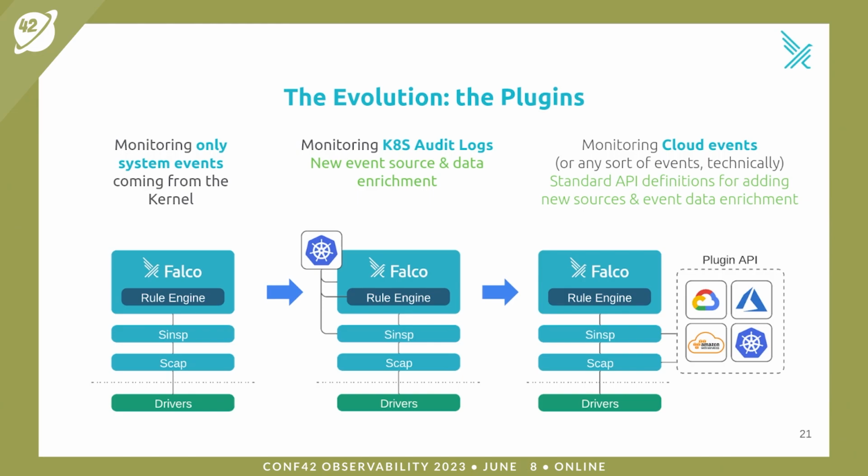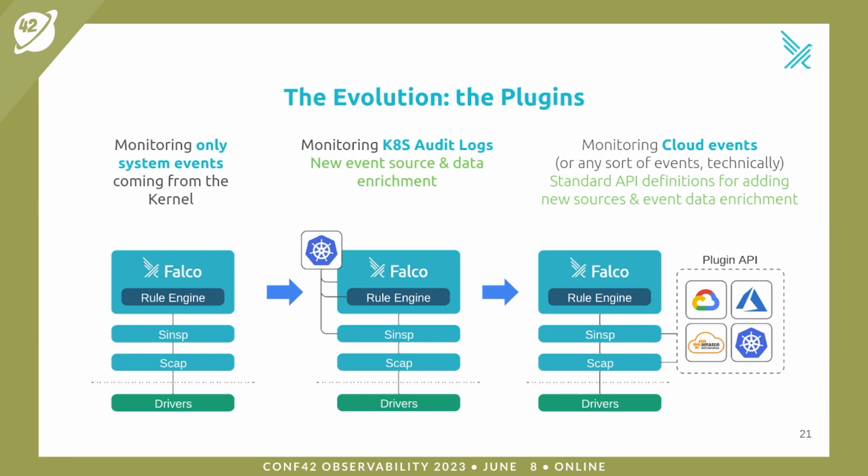At the beginning, Falco was only for system calls. Then we introduced a web server to collect the Kubernetes audit logs, but it came with a lot of drawbacks. So in the last year, we also introduced a plugin framework. Right now, we are able to collect syscalls thanks to eBPF, but Falco is also able to collect any kind of events you may have.